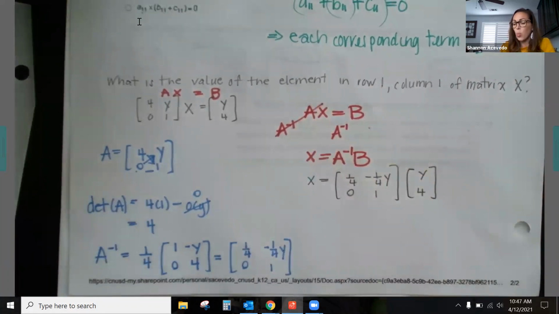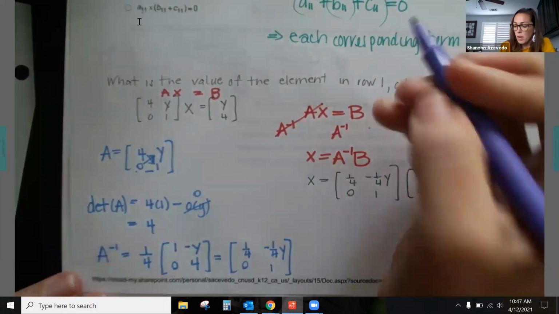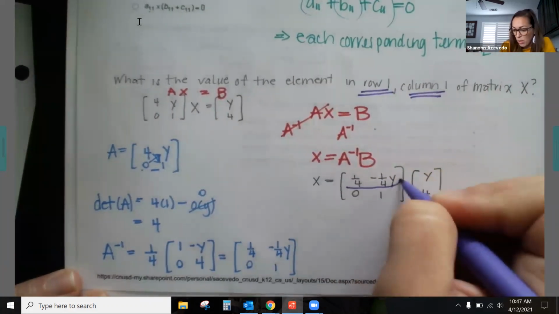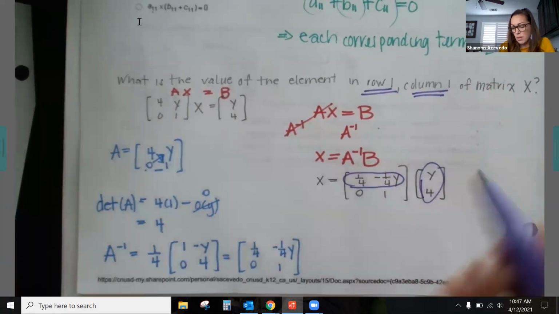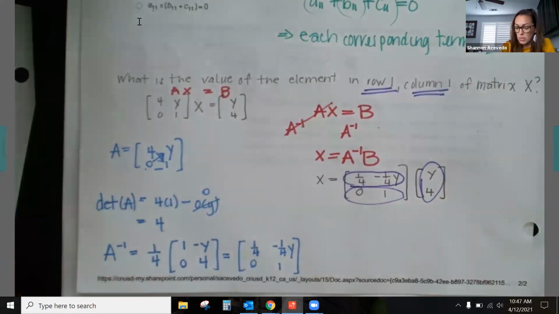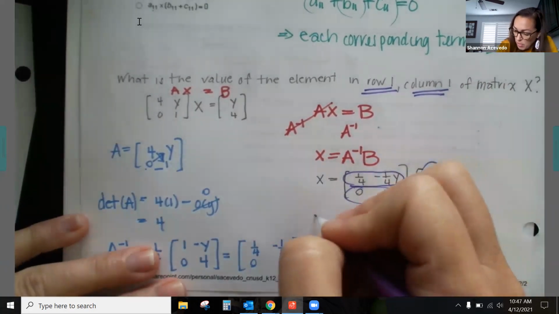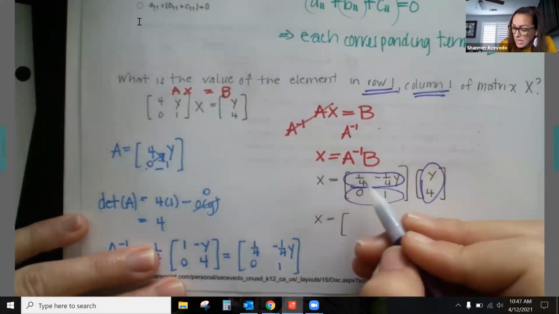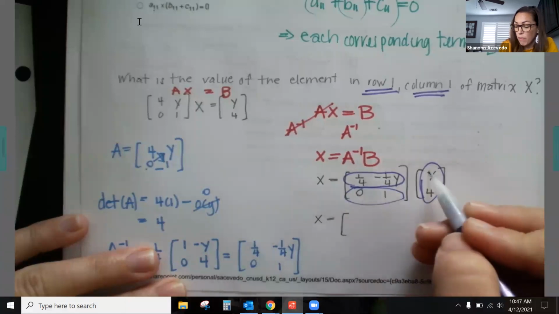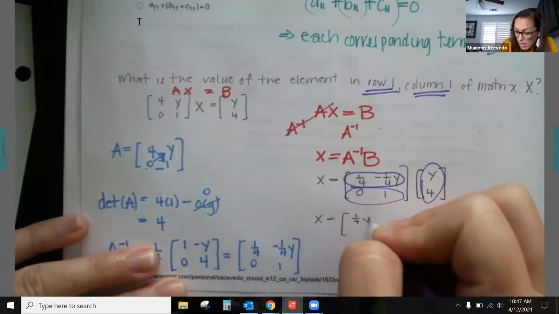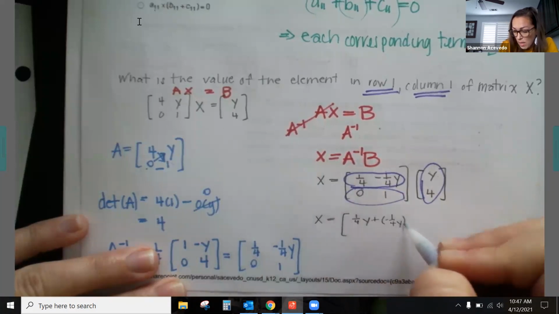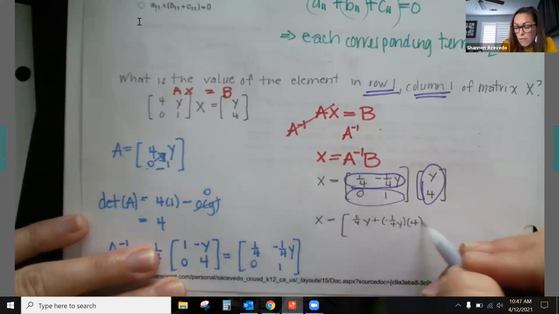Now, row 1, column 1 is really the only one that I care about. But we'll just go ahead and do both. I'm going to do my rows by columns. So my matrix X is equal to 1/4 y plus a negative 1/4 y times 4 for my first spot.